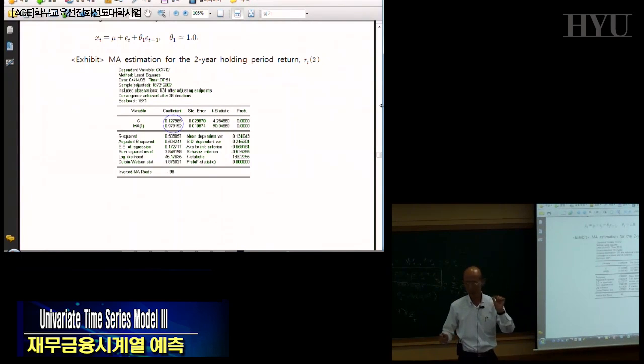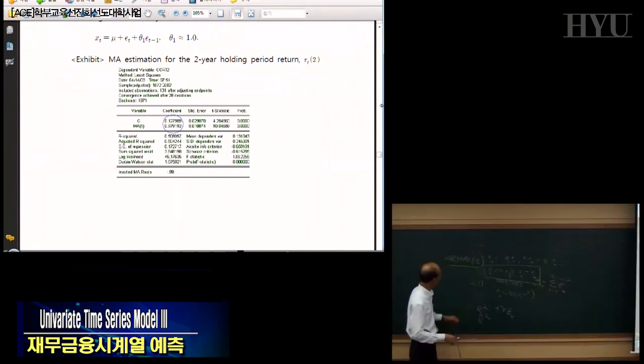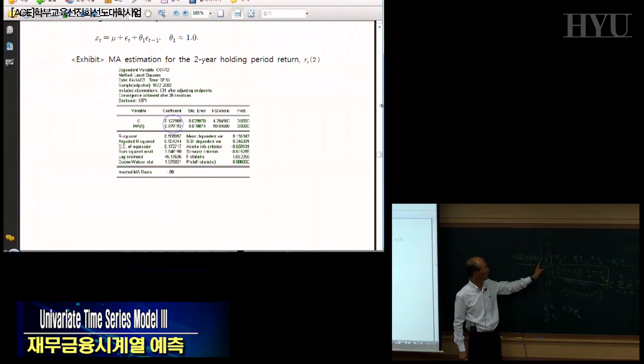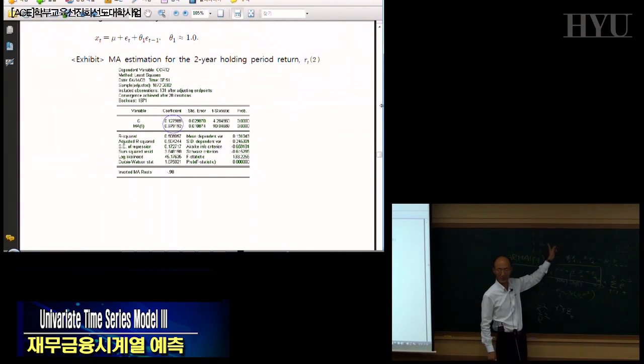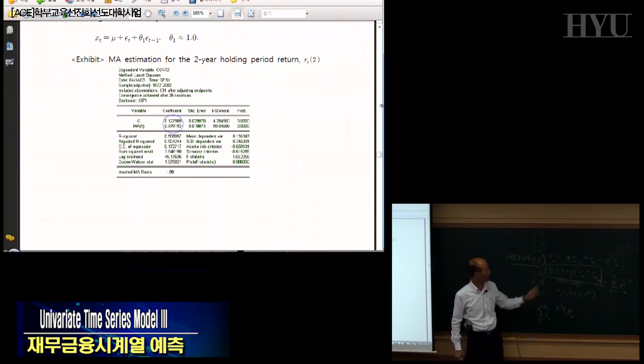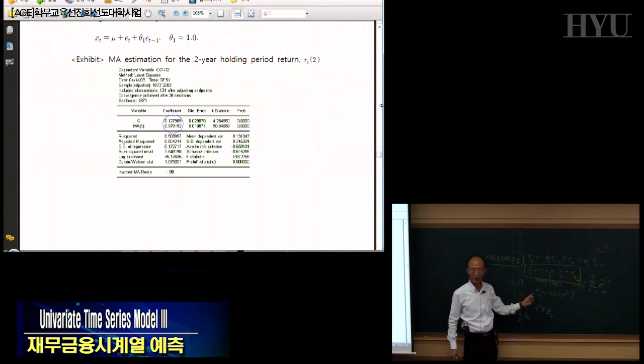You can pick any one of them, but you need to know how to use it. Right? So what you do is you want to pick which combination is the best or optimal. I try, let's say, (1,0), (0,1), (1,1), and so on. You can keep trying those combinations. Each time you compute AIC or the Schwartz criterion, okay? And try to pick the one that yields the smallest value, right? That's your answer.